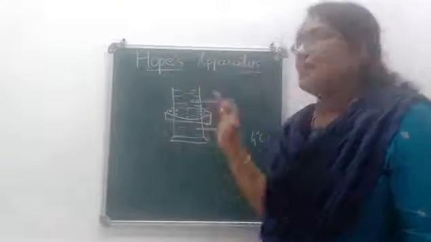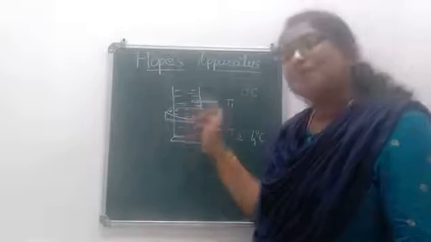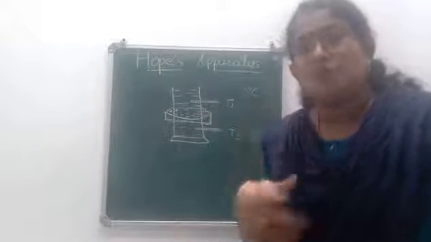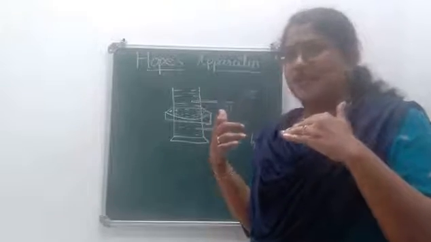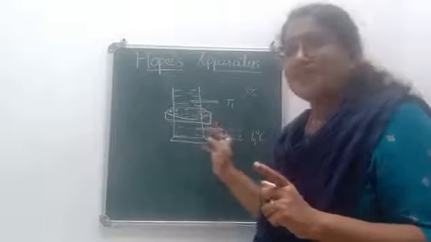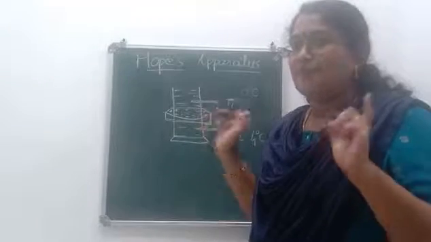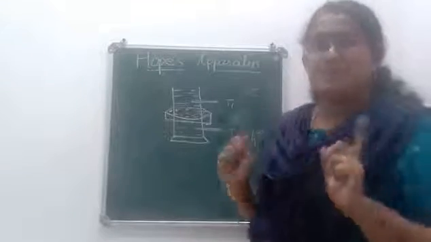So again, due to the ice present here, what happens? The water molecules in the upper region get cooled again, isn't it? So when it cools from 4 degrees to 0 degrees Celsius, what happens? It will expand, isn't it?